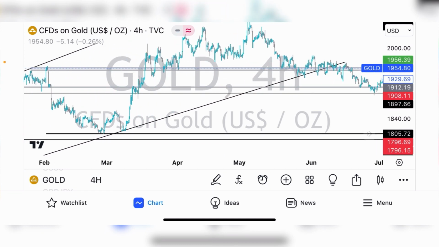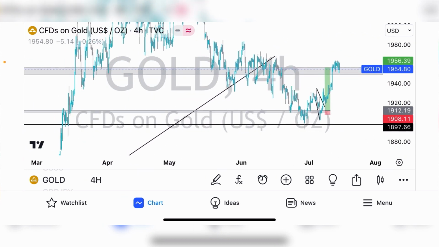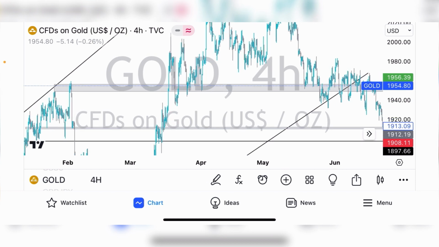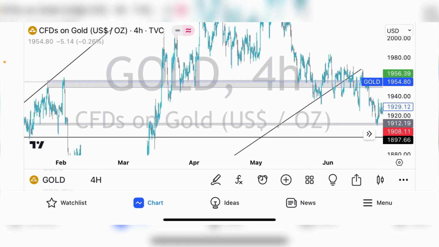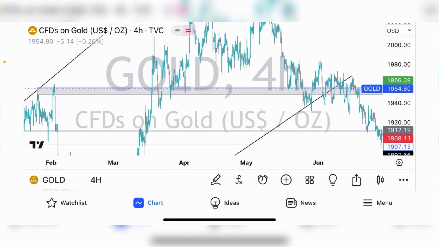And then currently the market, I see that it's at a major support and resistance level that was being respected a lot.